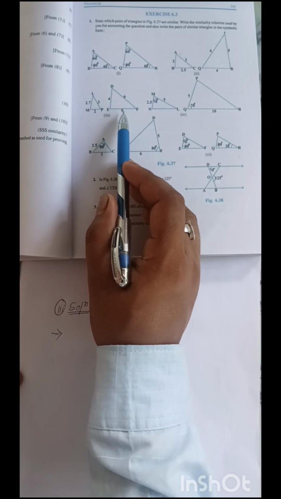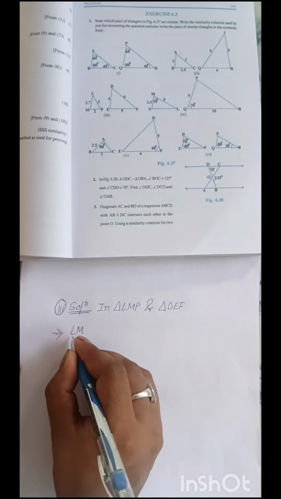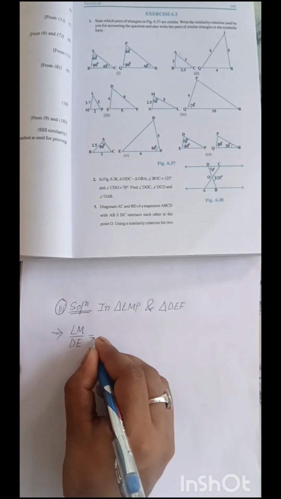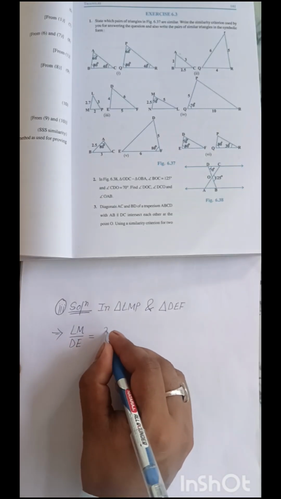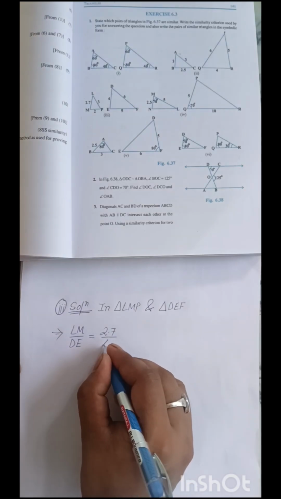In triangle LMP and triangle DEF, from these two figures I can write LM by DE, and the value of LM is 2.7 and DE is 4.